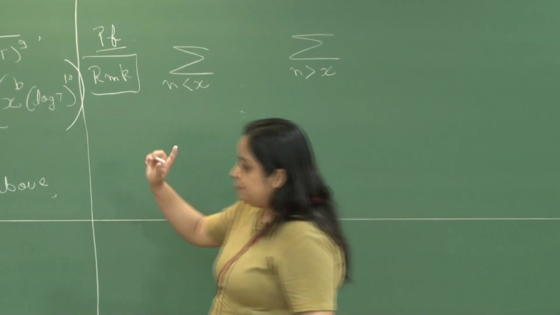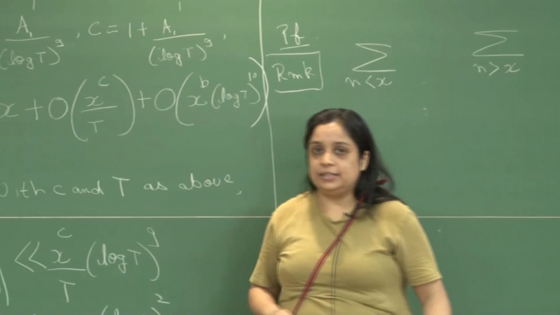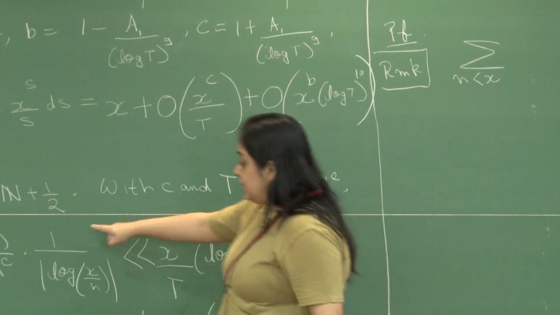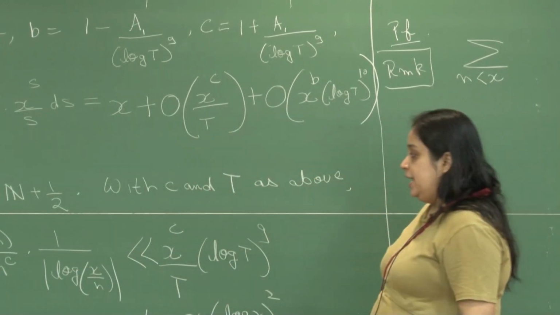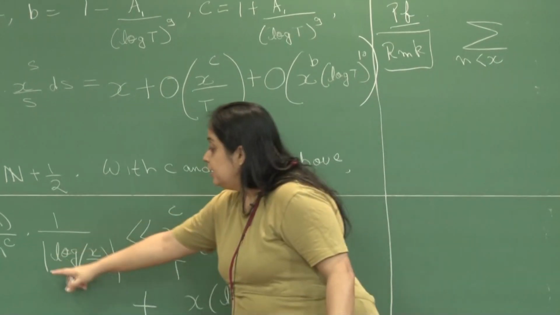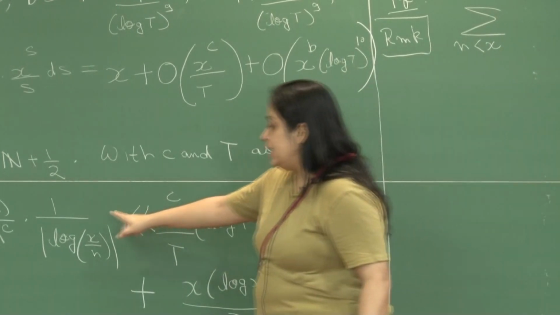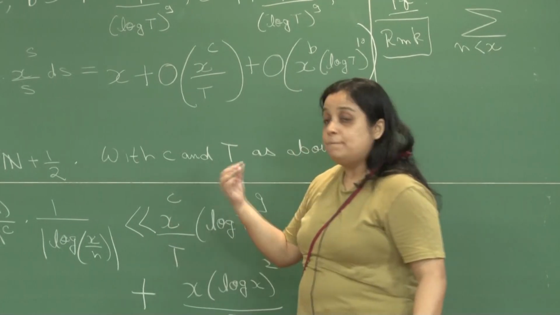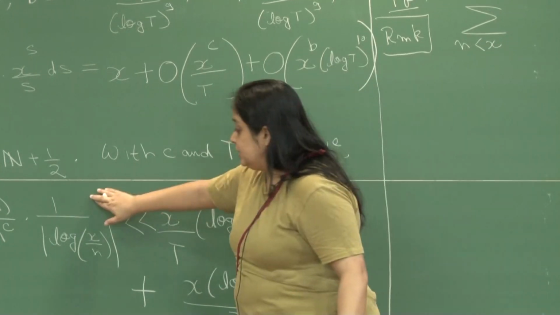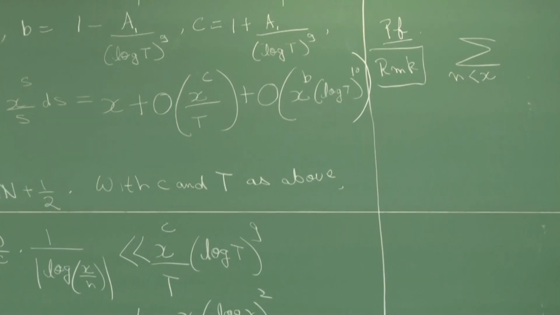Then what happens? We have to be very careful about this term log of x over n, which is in the denominator. We need a lower bound for this term so that we will have an upper bound for 1 over this. If the best lower bound you can give is 0, if all you can say is that this is something non-negative, that is not good enough for us, because we would like to give a very specific positive lower bound so that you can have a positive upper bound for this term with this in the denominator.